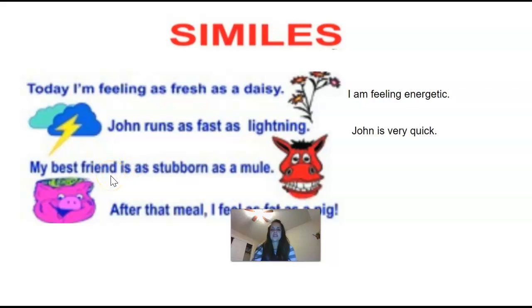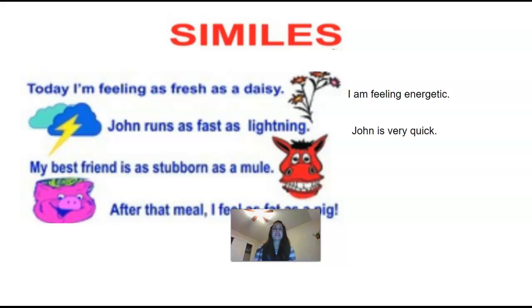My best friend is as stubborn as a mule. Okay, so we have the stubbornness of my best friend, and we're comparing that to a mule with the word as. So this is a simile, and the purpose of a simile is to help me visualize this event.